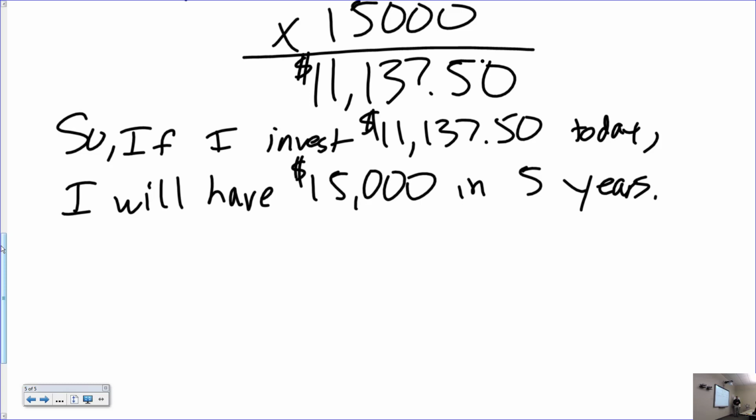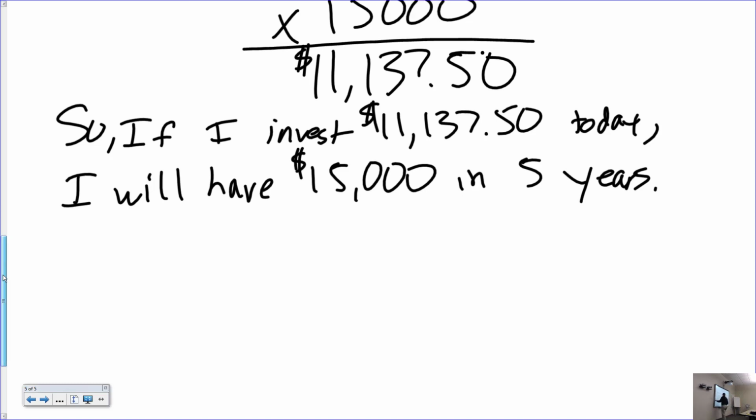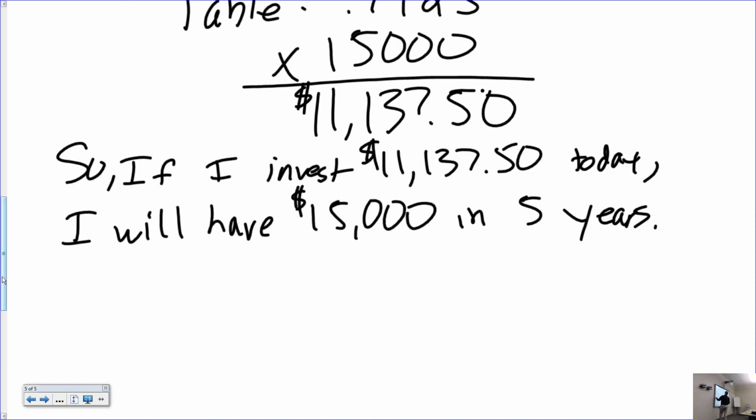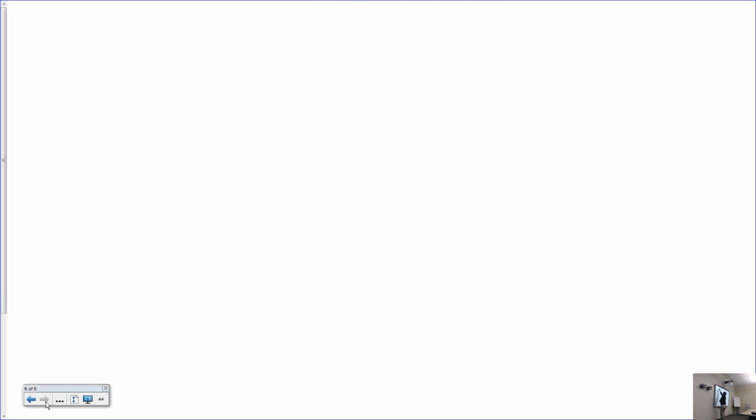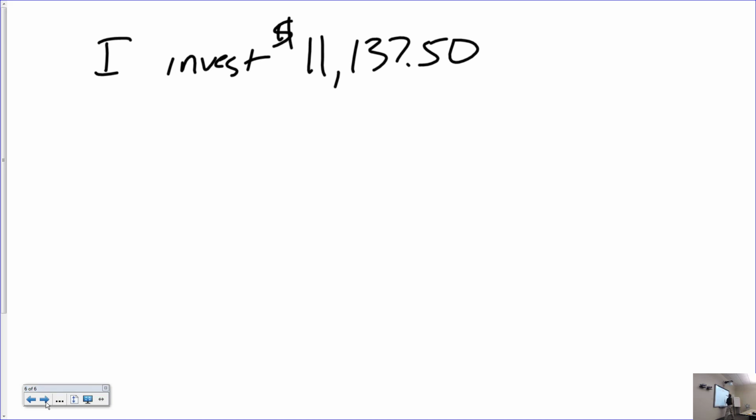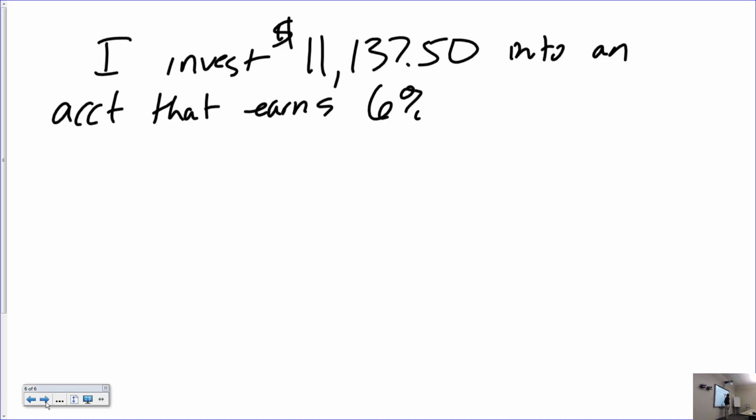So, here's a great question. Let's switch pages. Suppose I invest $11,137.50 into an account that earns 6% compounded quarterly.